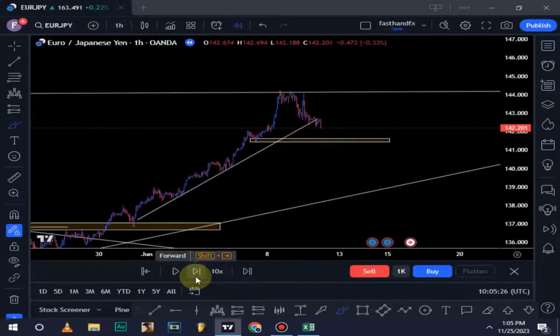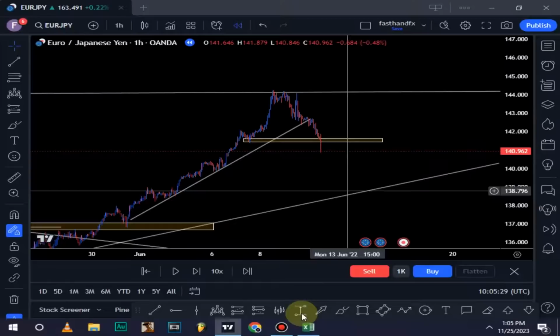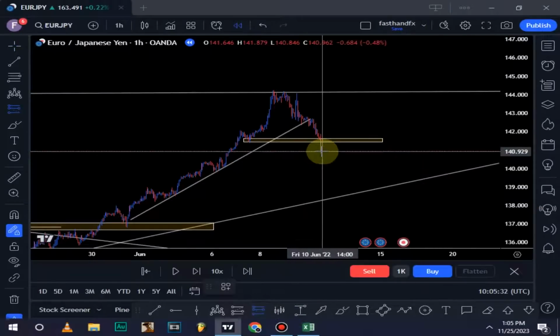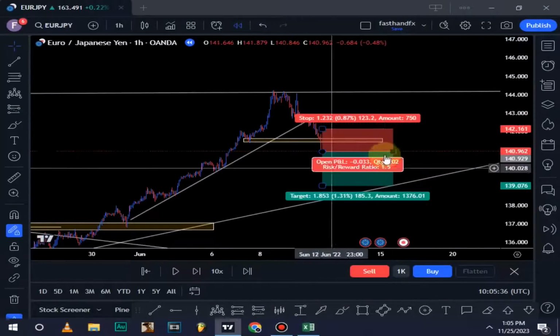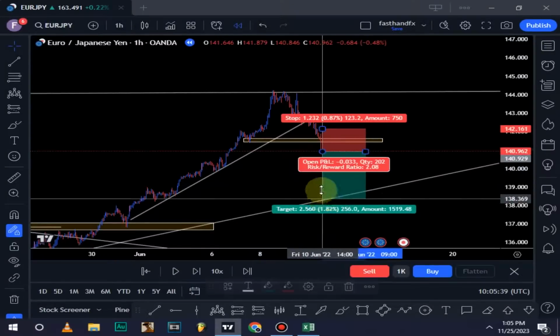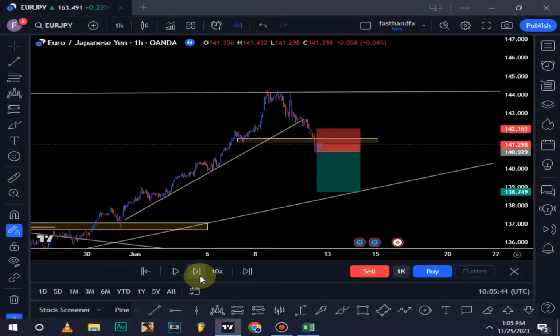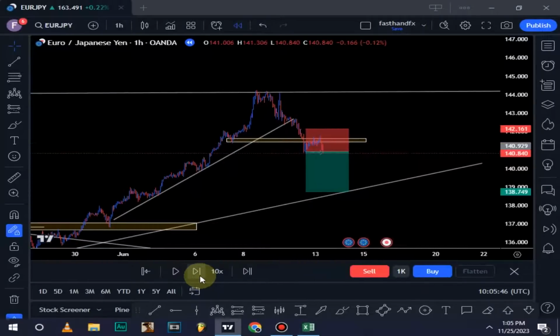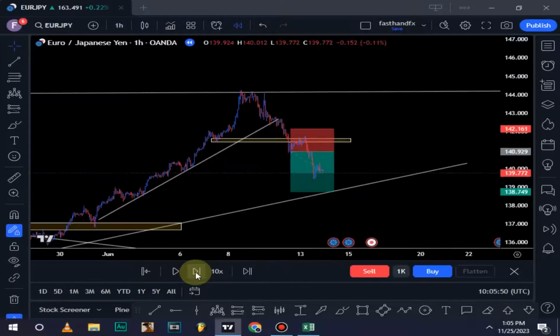All right, let's see. Break it. It broke. So a newbie says, it has broken, let me enter. Okay. You went down. Okay, let's target here. Now that's the newbie thing. Okay, so let's see. Oh, wow.